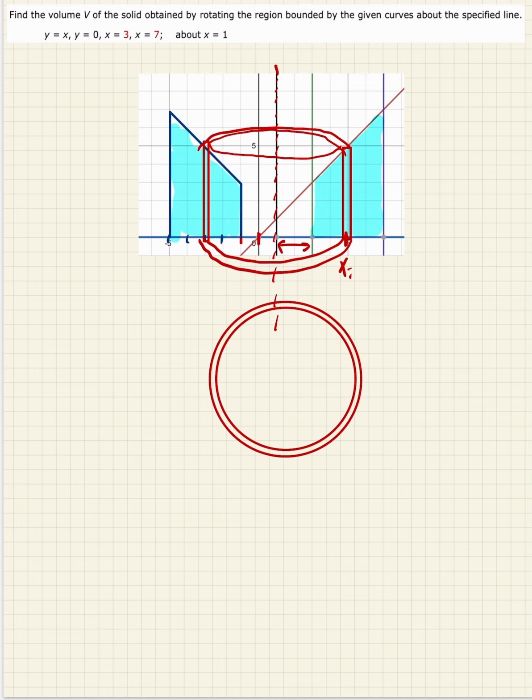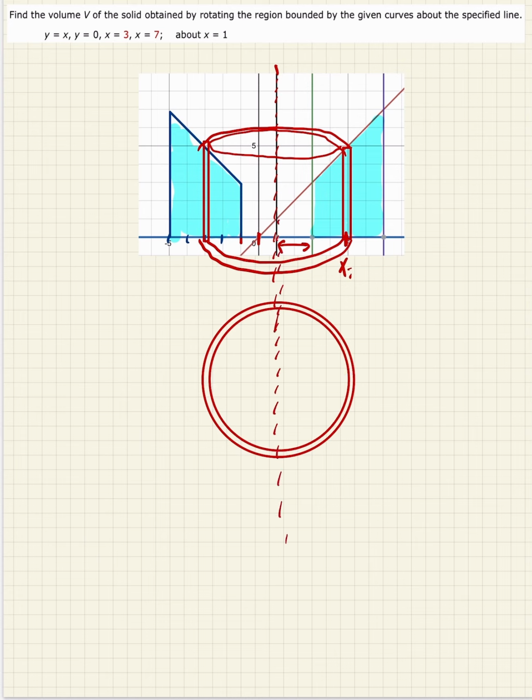If I centered the whole thing better, actually, this line here that we're rotating about should go right down the center. And what we're interested in here would be the radius of this shell. So the radius of that shell would go from our axis of rotation out to our arbitrary x value.